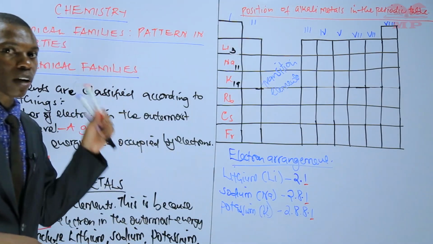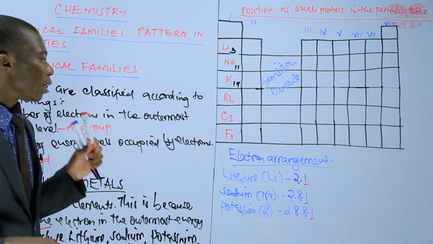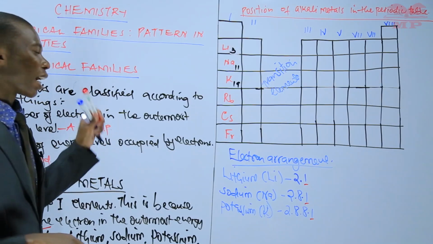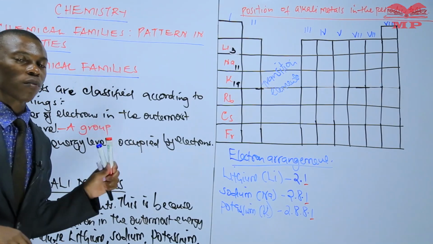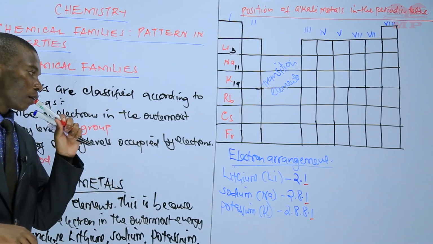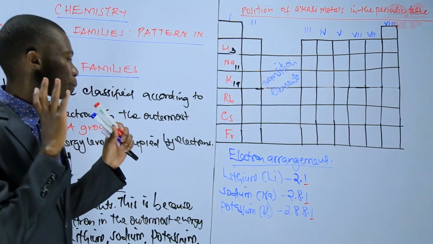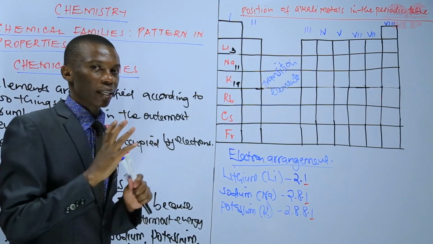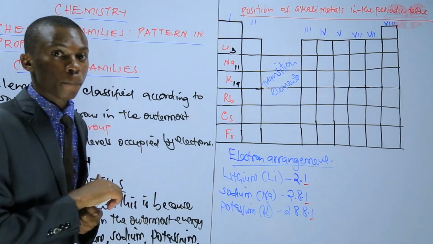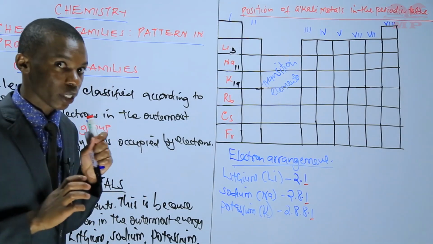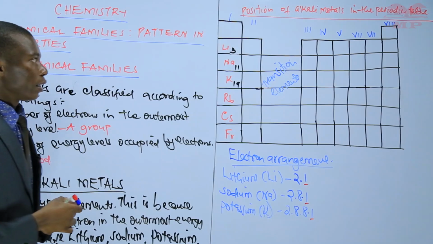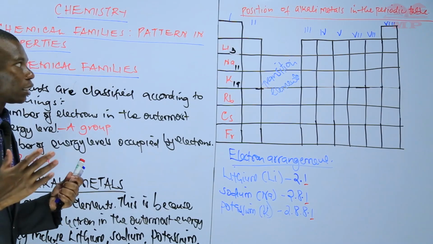Members of a certain group form a chemical family, and that chemical family has similarity in the chemical properties. I hope you understand that very clearly. That is what I wanted us to learn today.